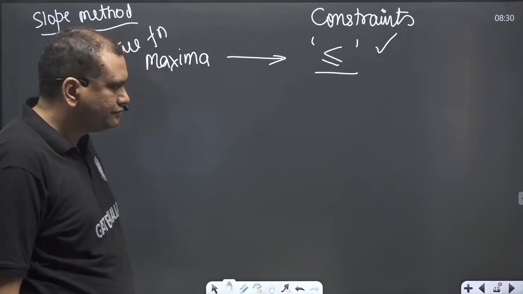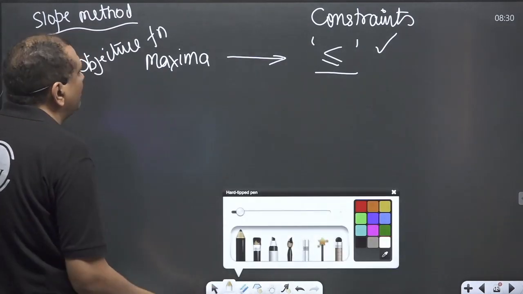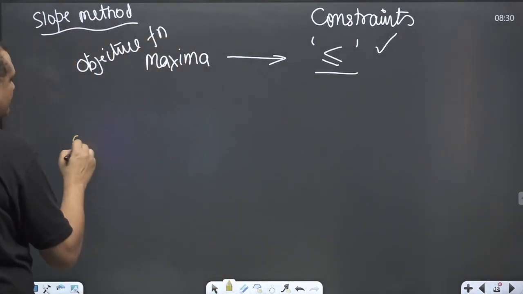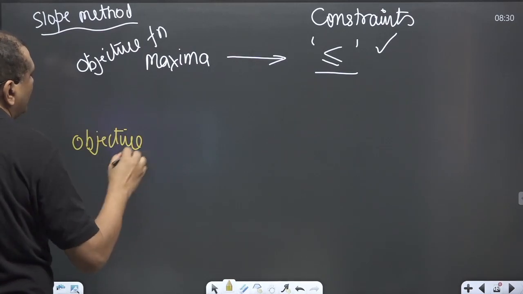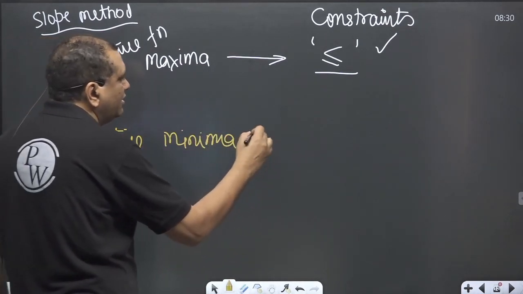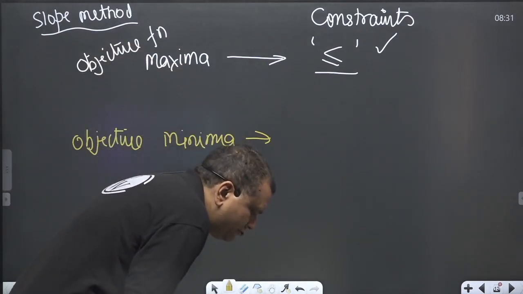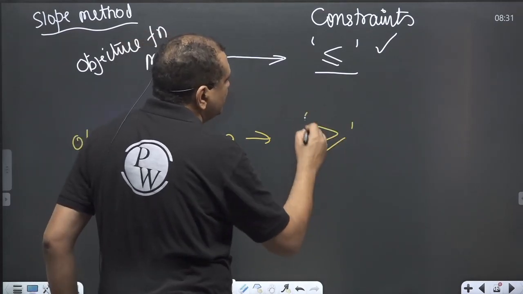Now if my objective function is that of minima, I see the slope of the constraints of greater than equality sign.